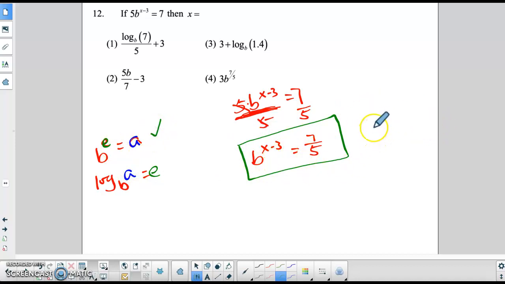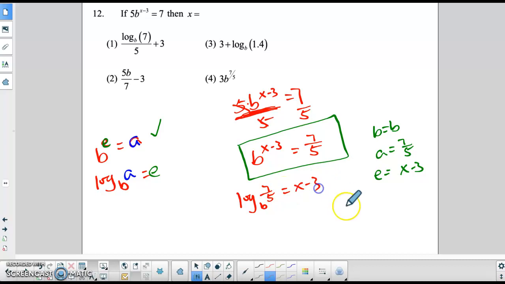Now identify: b is still b, right? A is 7/5, this part. E is the exponent, x minus 3. How would you convert it? So you take the log, you keep the base as the base. All right, A is 7/5, E is x minus 3.